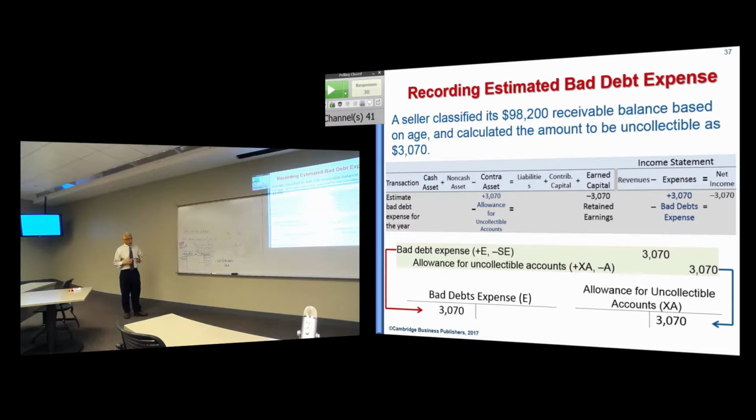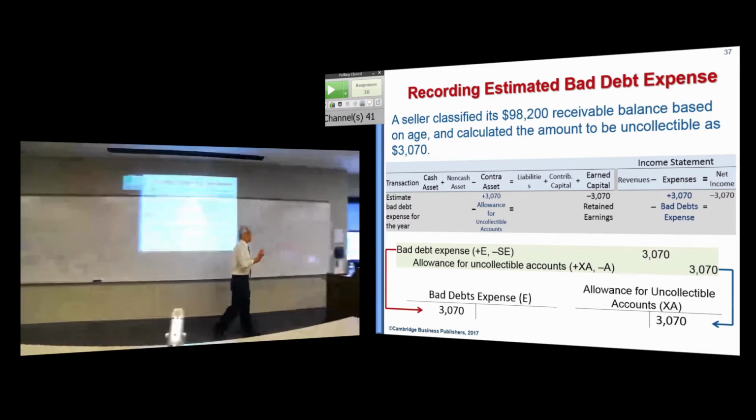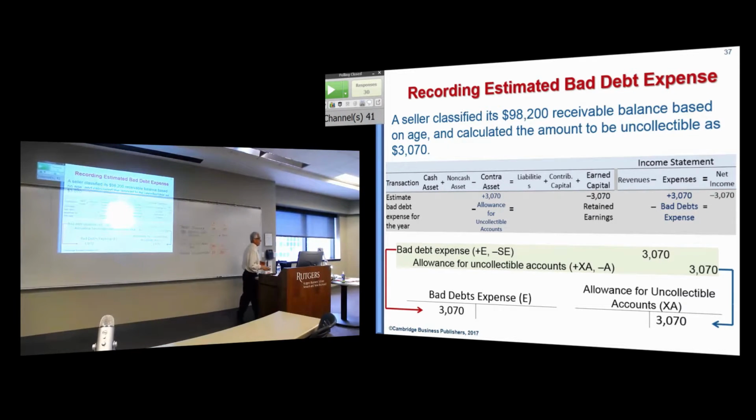Now, question I know that Steve had a few minutes ago is how do you get a debit balance in the allowance for bad debts? You will write off, as they become known to you, bad accounts against the allowance. The allowance becomes a cushion or provision. The expense occurs in the year of the sale. It does not occur when the account goes bad.